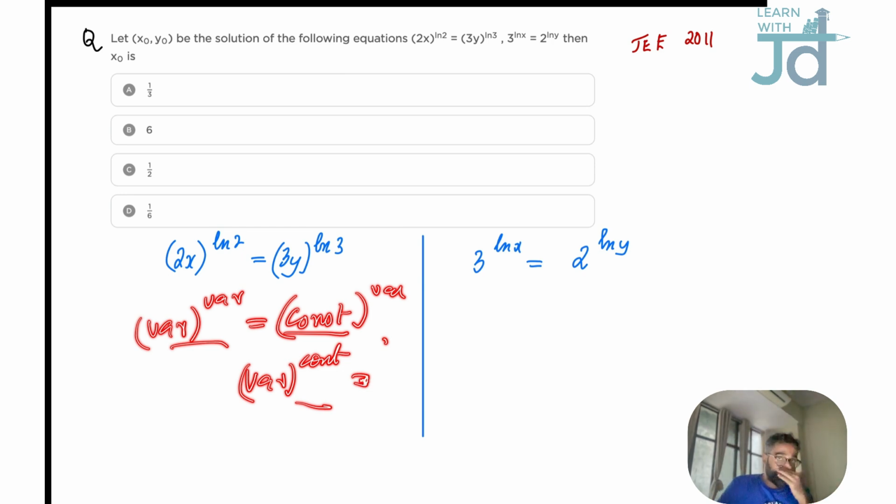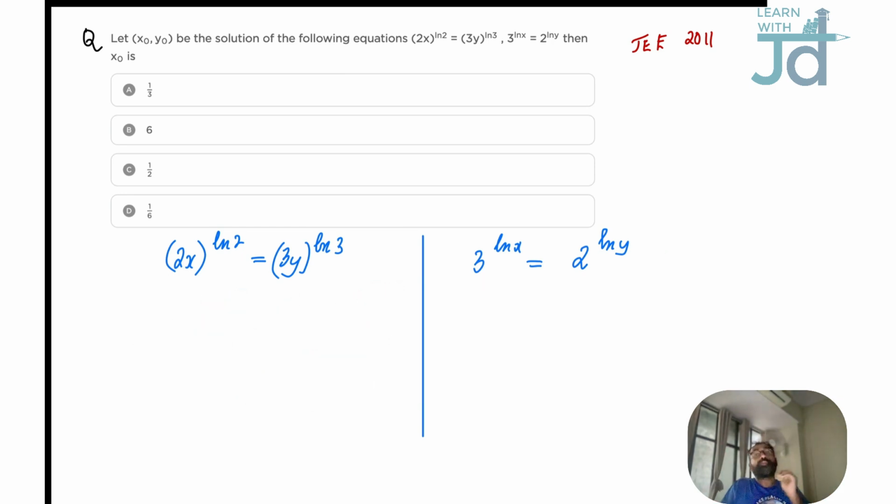Here it is a variable raised to constant, and here it is a constant raised to variable. So in both cases I am going to apply logarithm on both sides. Now when you are applying log, the question will come which base to take, so you have to see the question and then use your head. See, in both the cases ln, log to the base e, is common, so we will also apply ln on both sides.